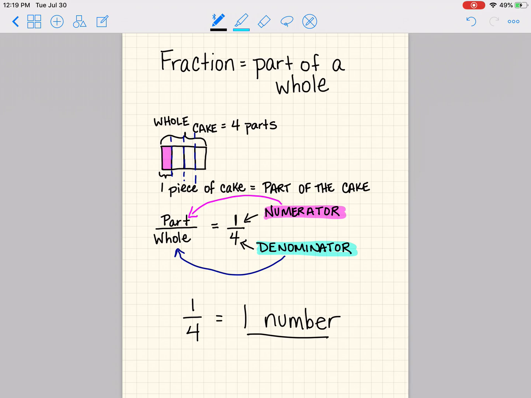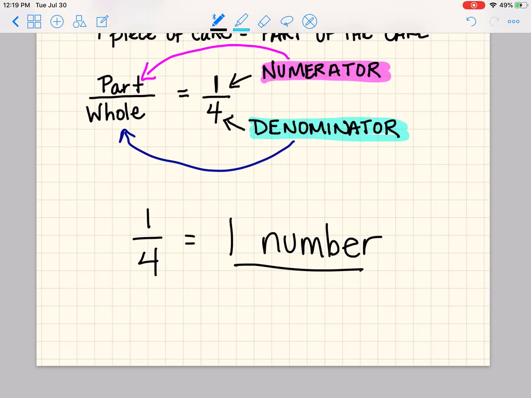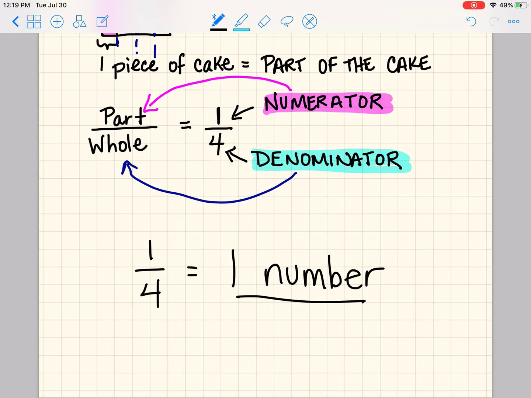One number. If you were looking at it on a number line, and you might want to think about a ruler when you're thinking about seeing fractions on a number line, because if I say 0, and this is one whole group, I'm going to divide my number line into 4 equal parts. This part is 1/4.